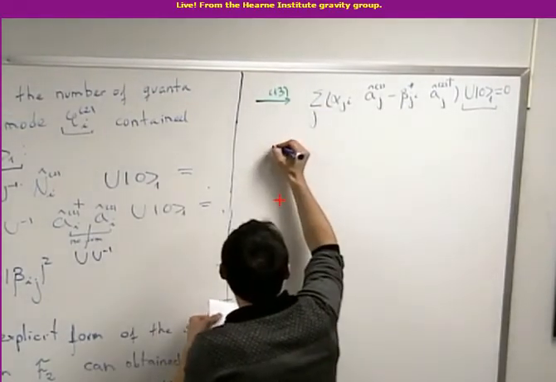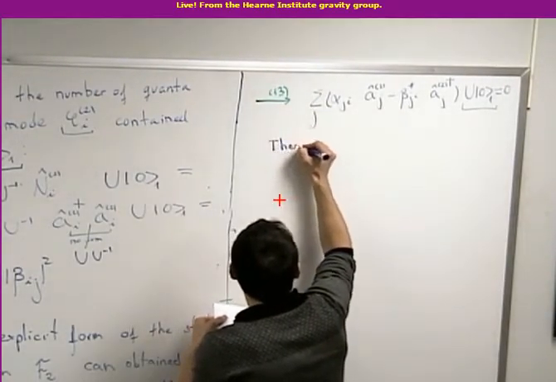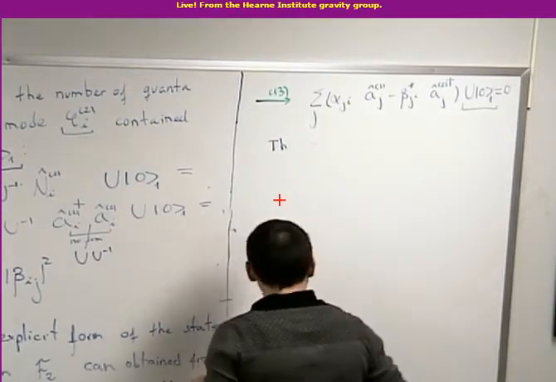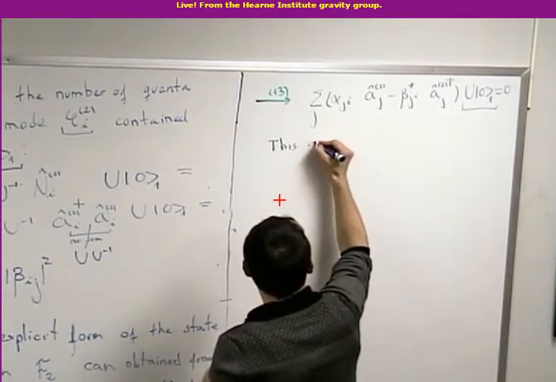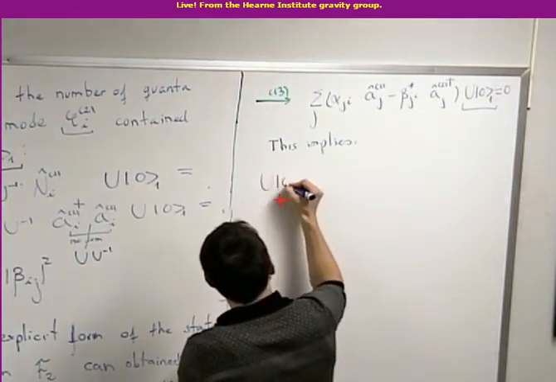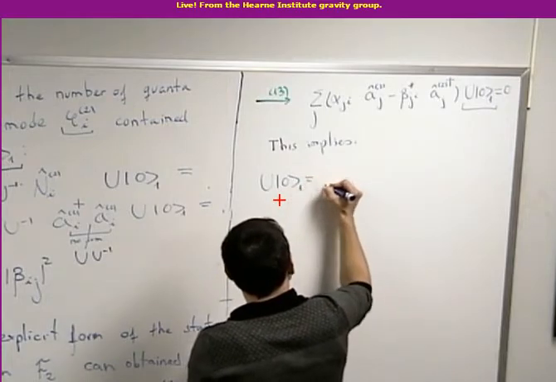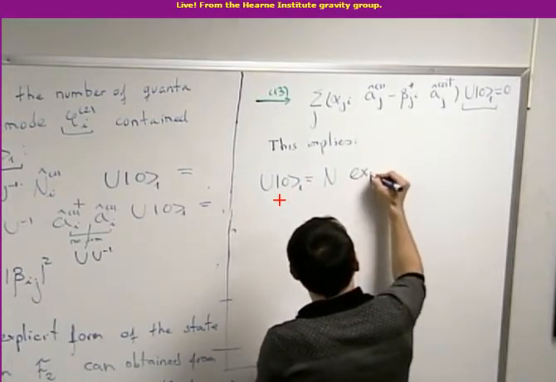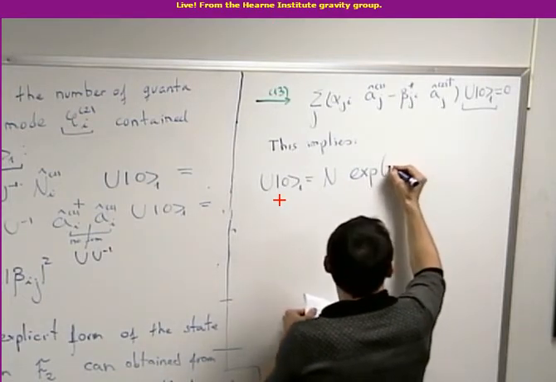Therefore, this implies that the vacuum 1, when mapped to the Fock space 2, is the exponential of a two-particle state.